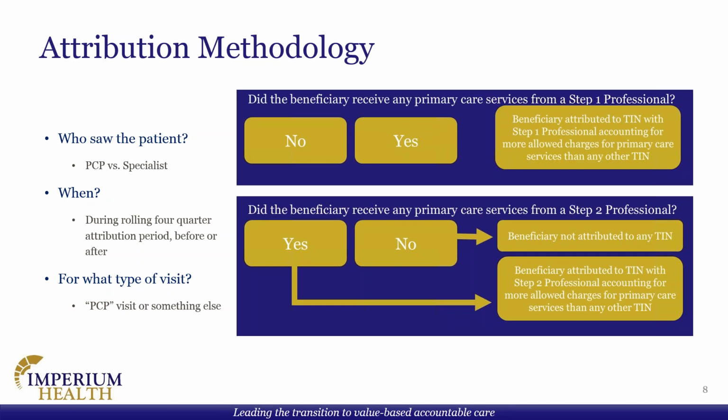Was it a PCP type visit? And I use quotations around PCP because Medicare's main focus is the 99, the clinic E&M type visits, as opposed to something a little bit more procedural. So was that type of care provided to one of our patients? And again, really by who and when?